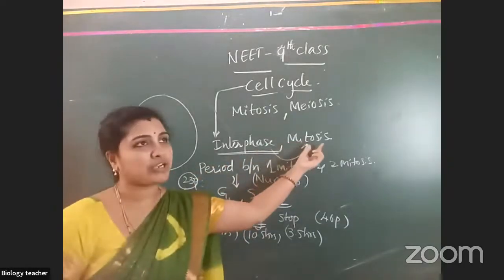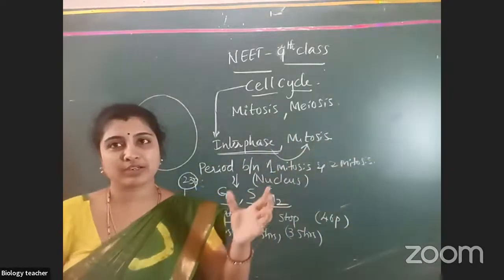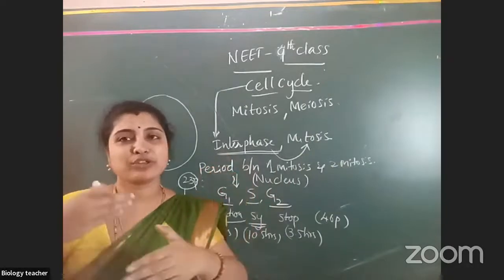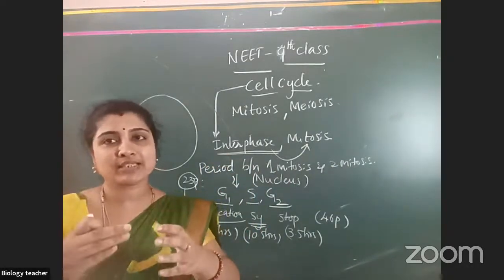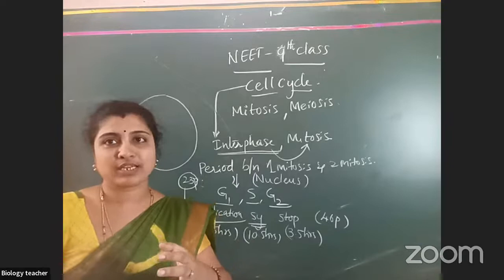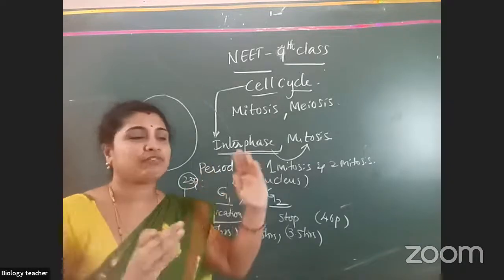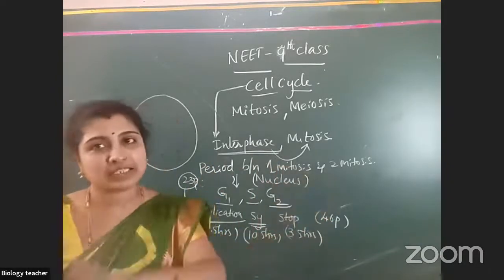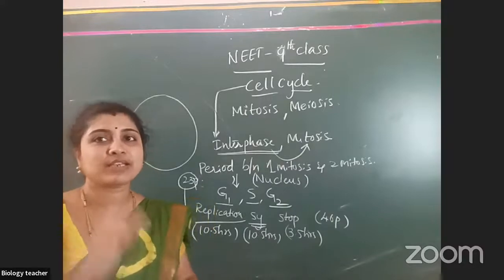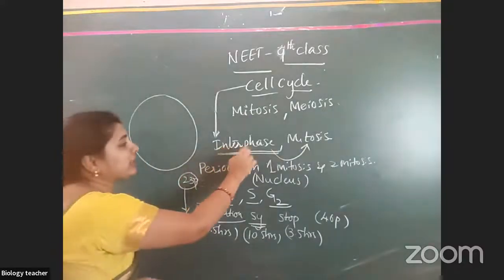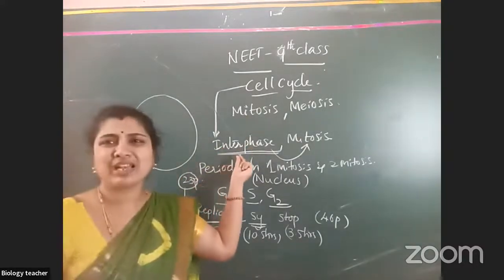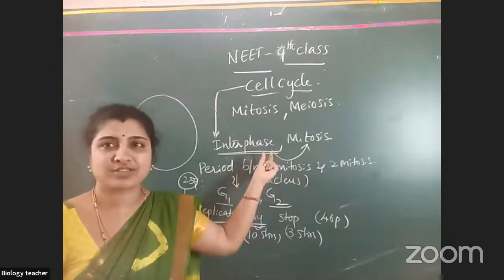From one mitosis to another mitosis, one cell produces two cells, and those two cells again produce four cells. The time period between one mitosis and the next is known as interphase. Inter means middle, and phase means stage.